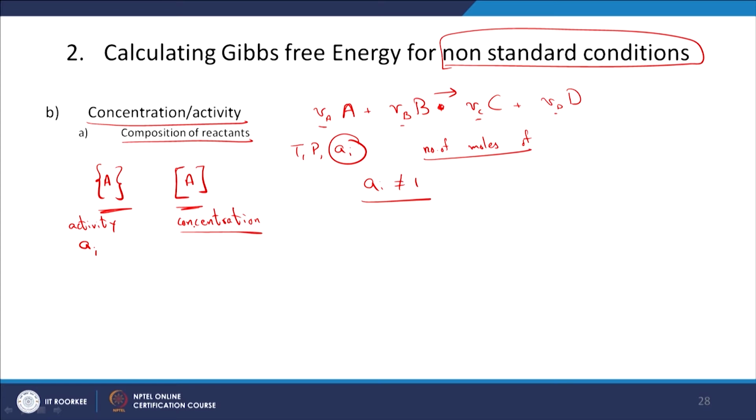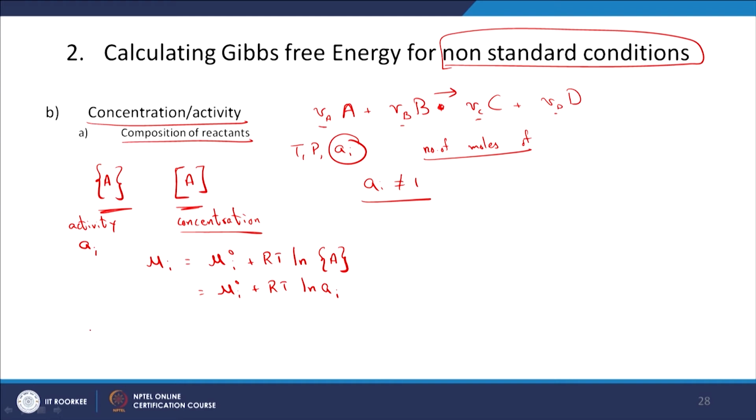In general, we are going to look at the chemical potential of a particular compound. At non-standard conditions it is equal to mu I naught plus RT natural logarithm of the activity of compound I. We are going to use this and go ahead.